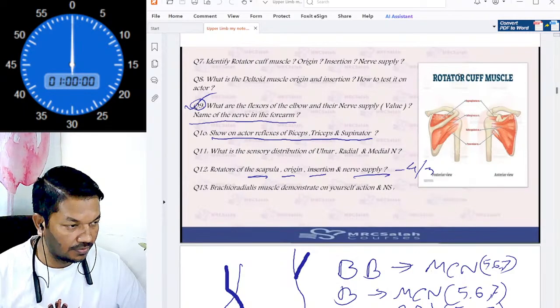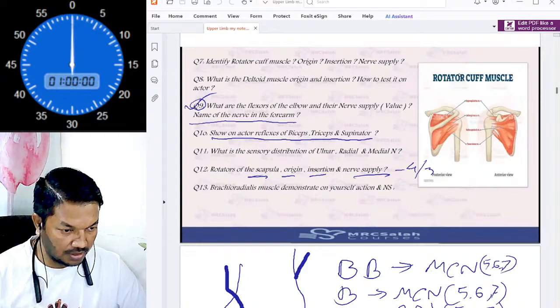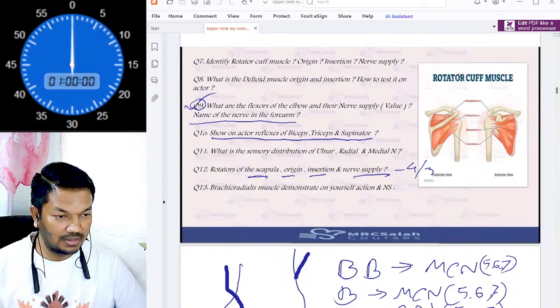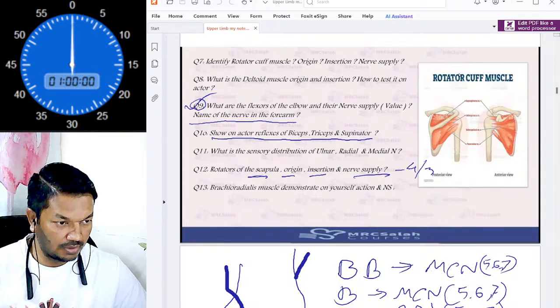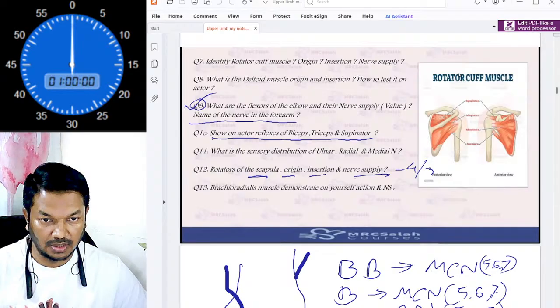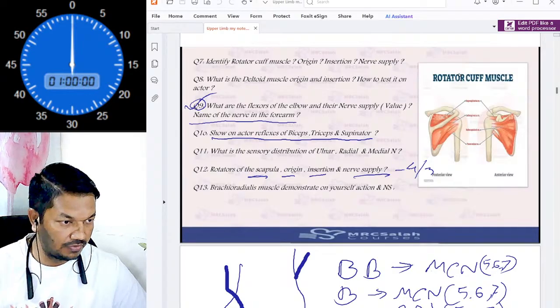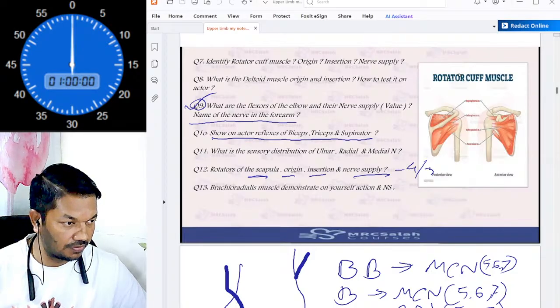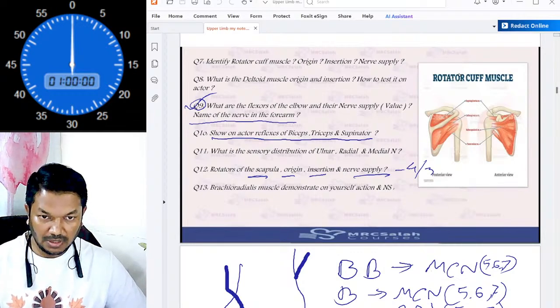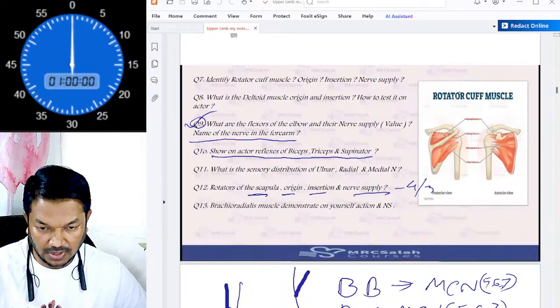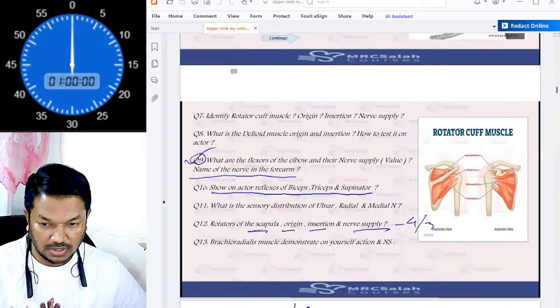Anamika, she's prepared better than me. No, it's okay.